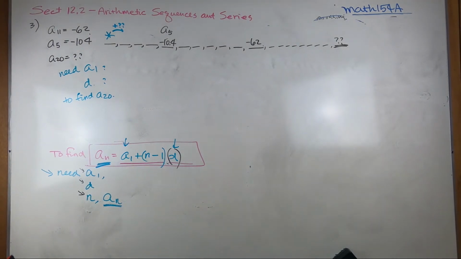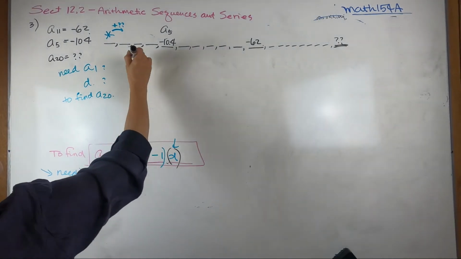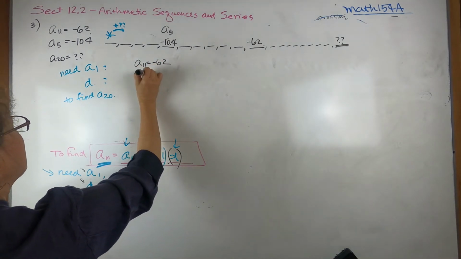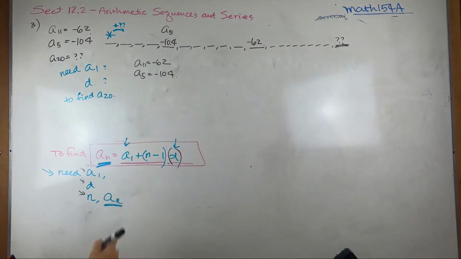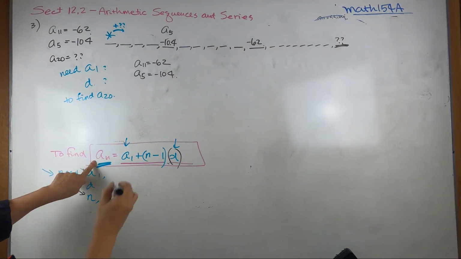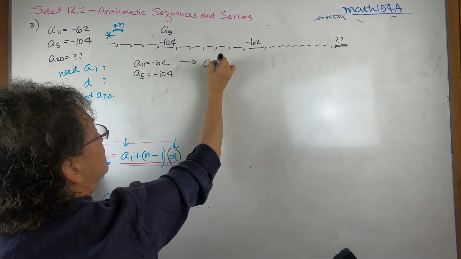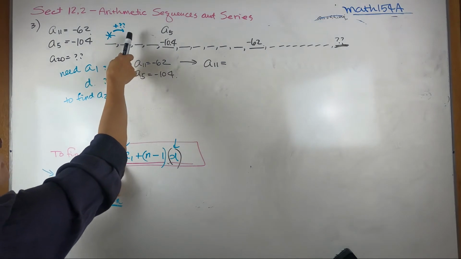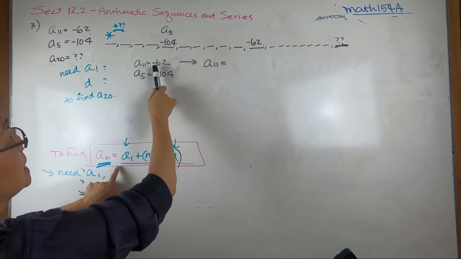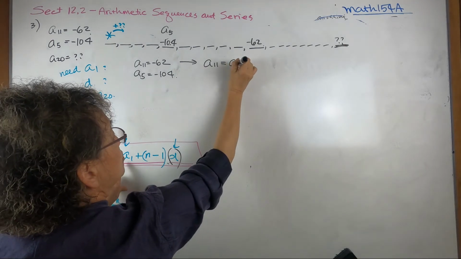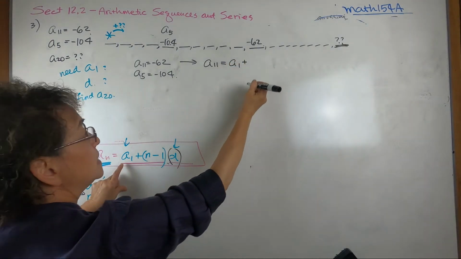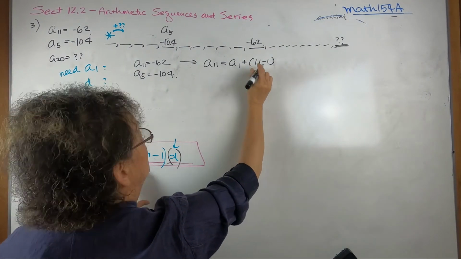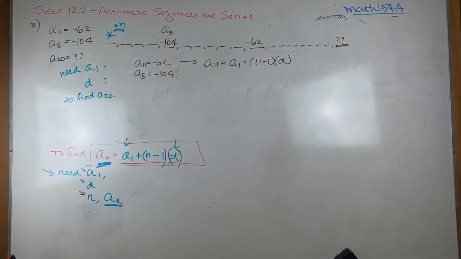Look this way. We do know A11 is negative 62, A5 is negative 104, right? From here, A11 is predicted from A1 over there, right? So A11 is A1 plus how many positions away? 11 minus 1, so 10 positions away with the D, right?